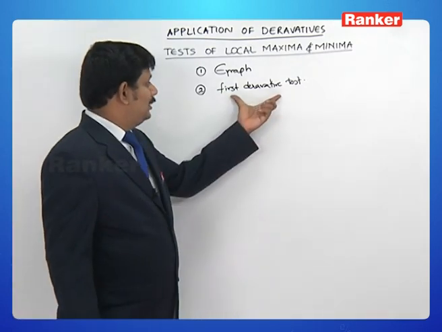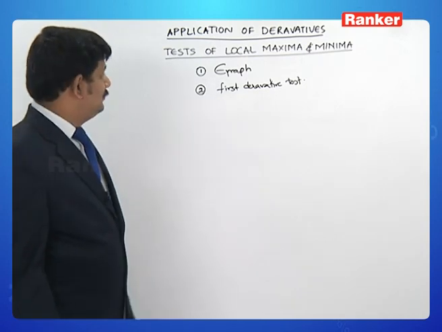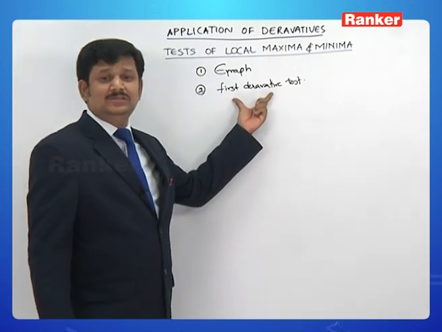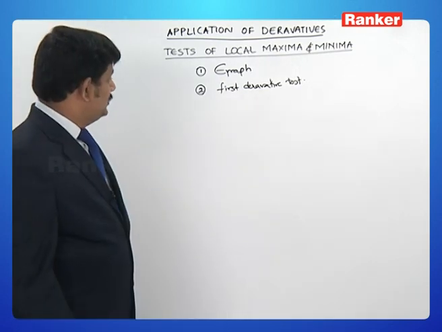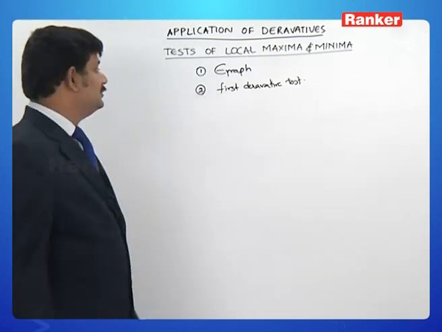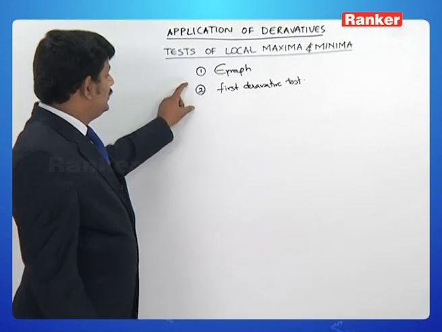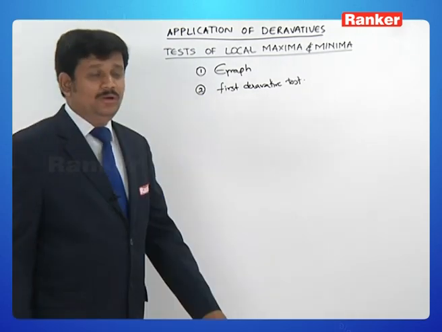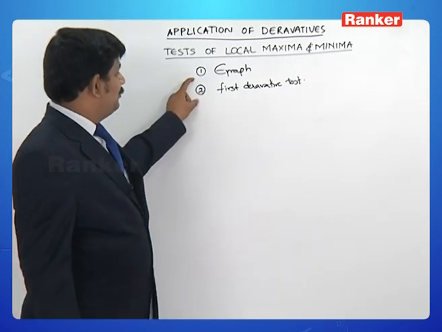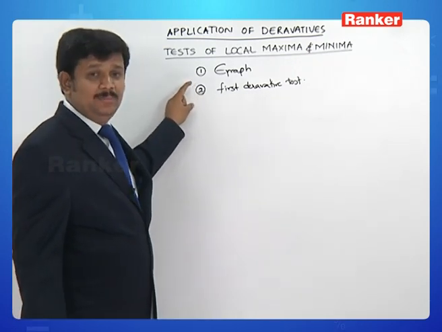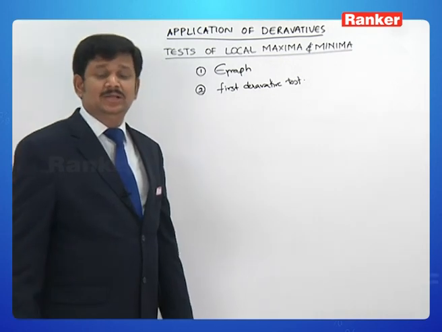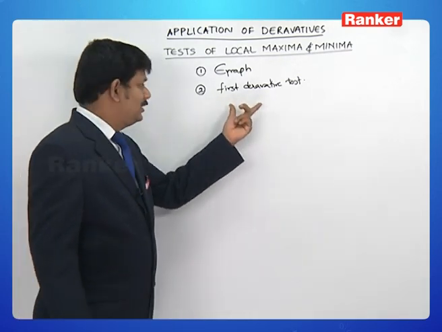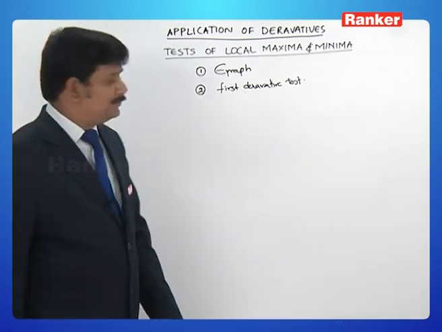So, whenever we are applying this derivative test, we have to ensure that the function is continuous as well as differentiable at that point. Only then this derivative test is applicable, otherwise not. So, the first derivative test or the second derivative test which we will be discussing is useful only to determine whether a point is a local maxima or a local minima when the point is critical because f dash of x is equal to 0, not in the case of non-differentiability.